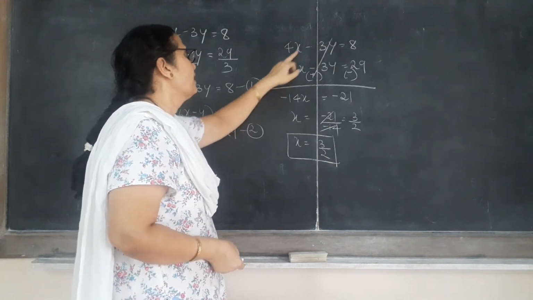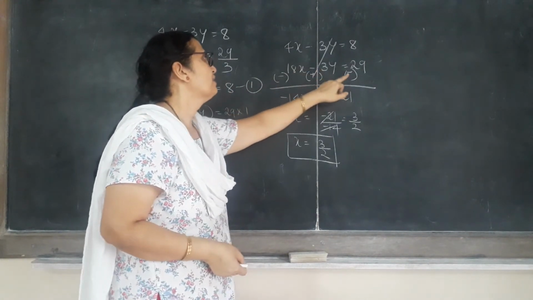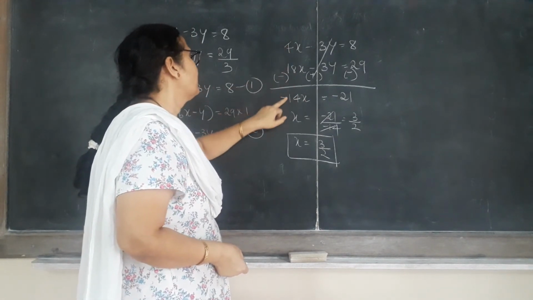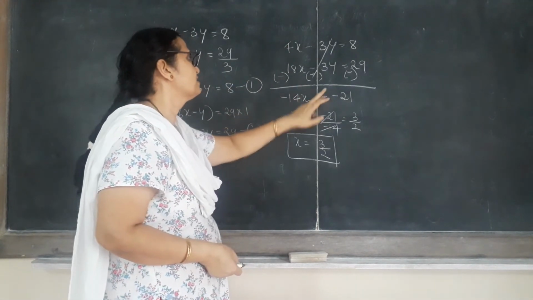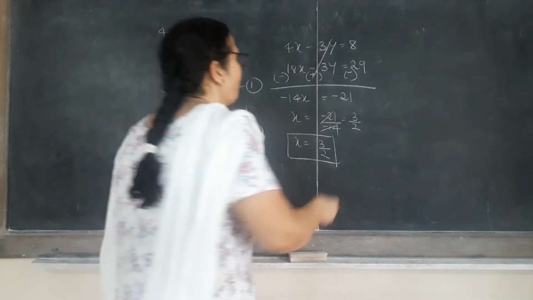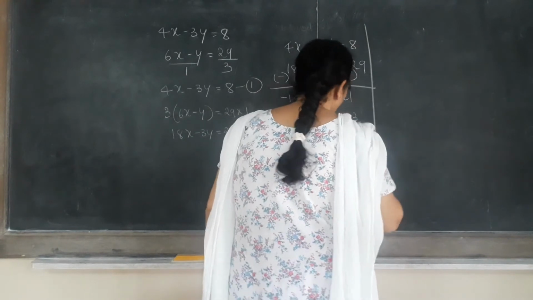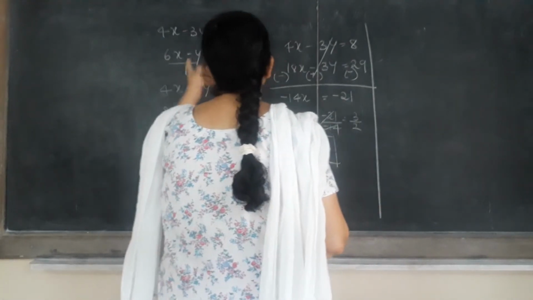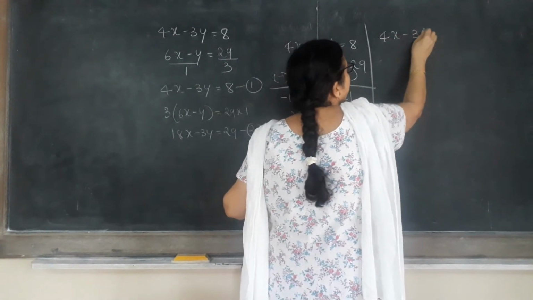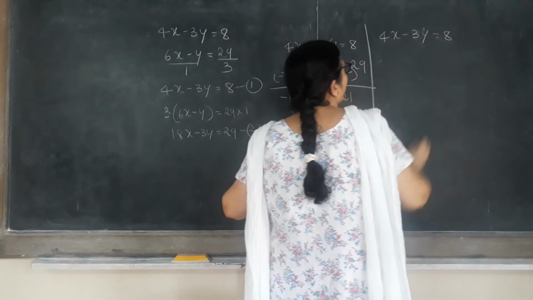Change the sign: this minus becomes plus, plus becomes minus. Plus 4x minus 18x is minus 14x is equal to minus 21. x is equal to 3 upon 2. Yes. Once we get the value of x, you can find the value of y. 4x minus 3y is equal to 8.